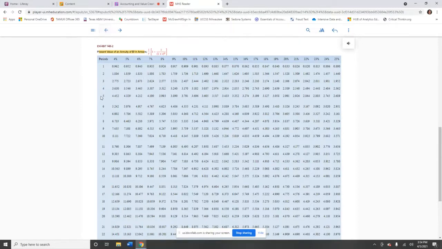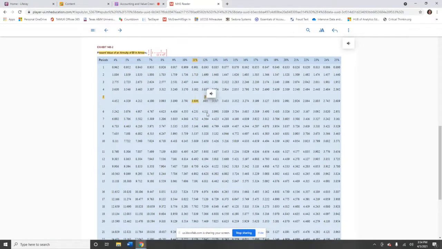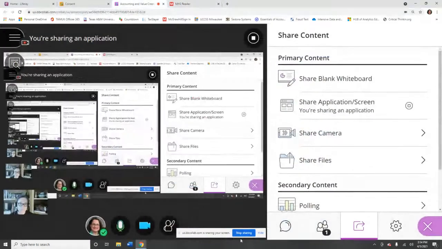In this case, we were looking at 5 years at 11%, so I find my factor, and it's 3.696. That's what I'm talking about when I say finding the factor. You can go to the book table, you can go online, and if you're just using an Excel spreadsheet, it's built in.